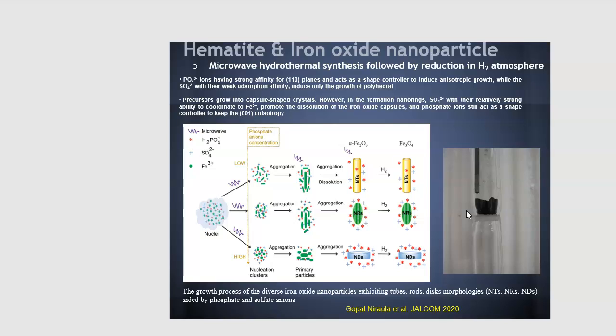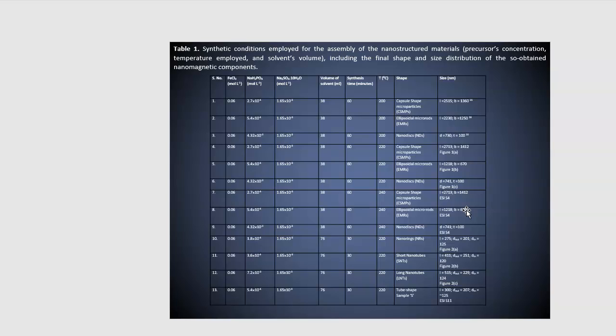Phosphate ions have a very strong affinity for the 110 planes and act as a shape controller to induce anisotropic growth, while sulfate ions, with their weak adsorption affinity, induce only the growth of polyhedra. And this is the growth process you can see.